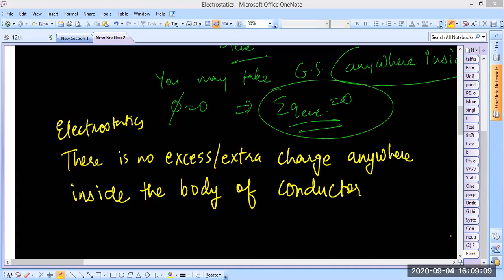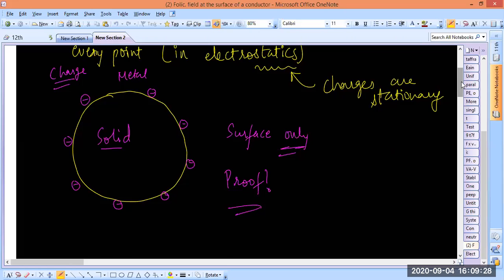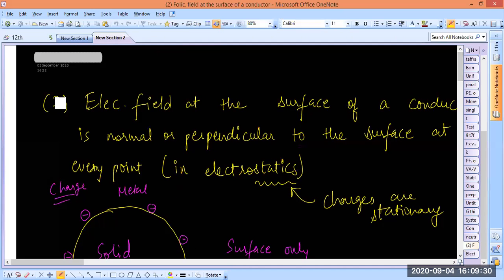Now, we are going to the third property, which is what I was trying to explain to you earlier. I'm going to call it 3. Again, the order or the number is not important.